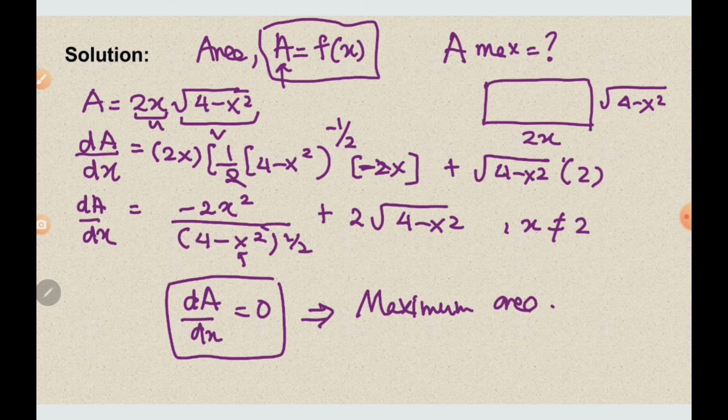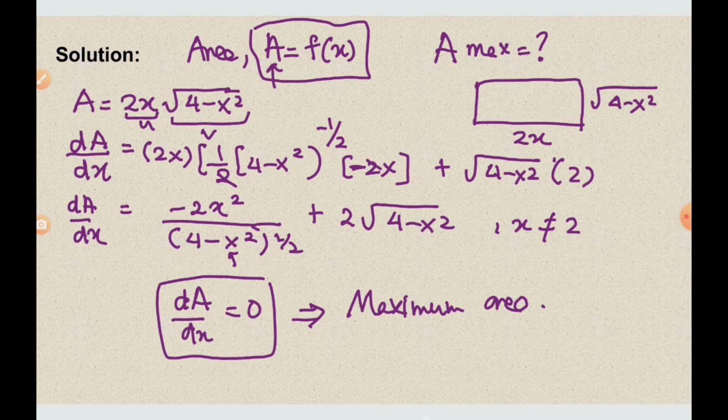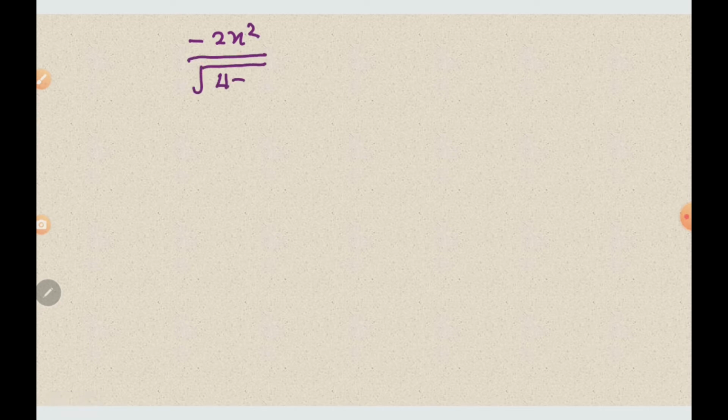Therefore we simplify to get negative 2x squared over the square root of 4 minus x squared plus 2 times the square root of 4 minus x squared equals 0.